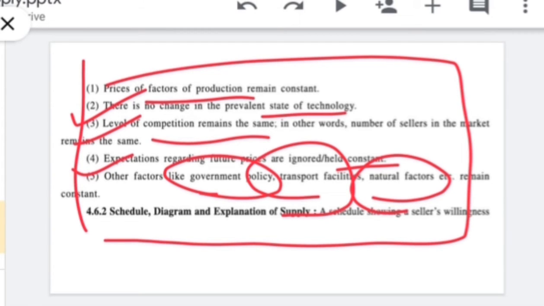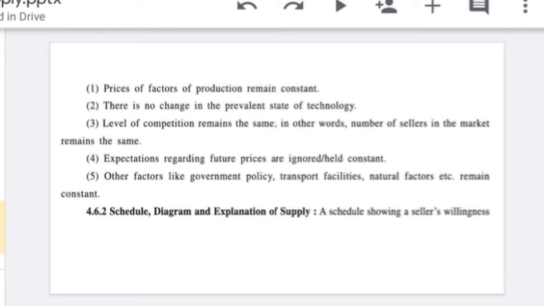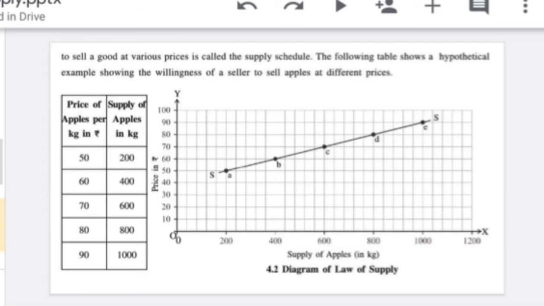When these assumptions are constant, then only can we say that when price rises, supply also rises, and when price decreases, supply also decreases. Now we will see the schedule. This box is known as a schedule, where prices of apples and supply of apples are shown.